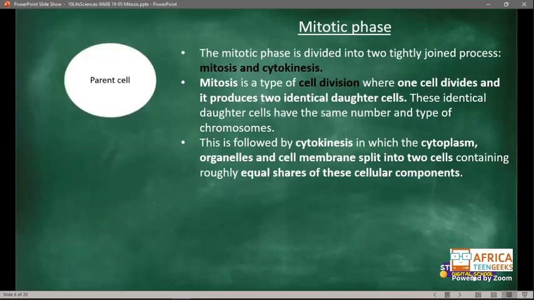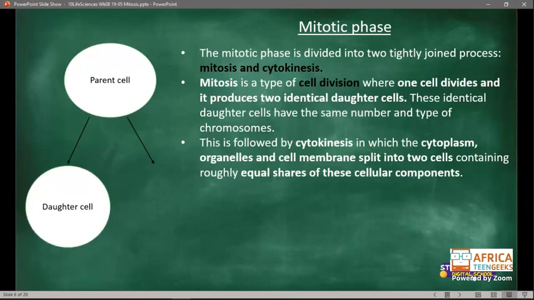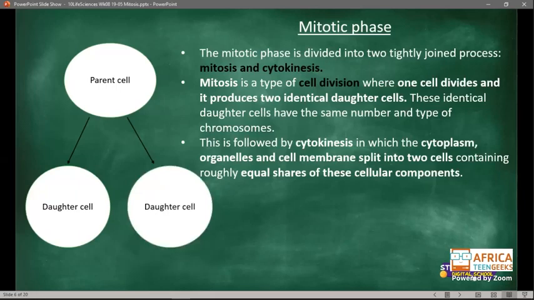So as it splits into two, we get daughter cells that are equal and have the same number and type of chromosomes. So that is what mitosis is.